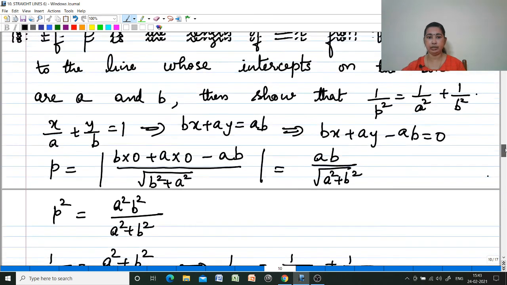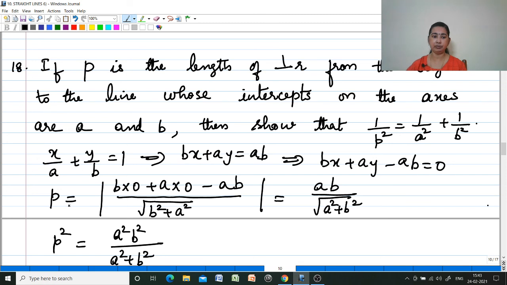Here P is the length of the perpendicular, and always the distance from a point to the line whose equation is ax plus by plus c equal to 0 is D equal to modulus of ax1 plus by1 plus c by root of a square plus b square. That we are using here in order to find the perpendicular.